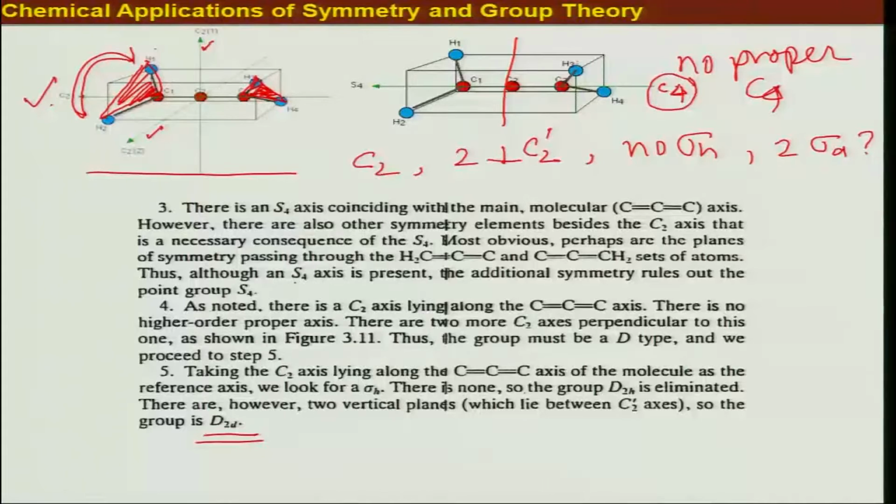What will happen if you rotate by C4, this will go here and this will come here, and then when you reflect this on this plane which is perpendicular to this C4, this will be appearing here.